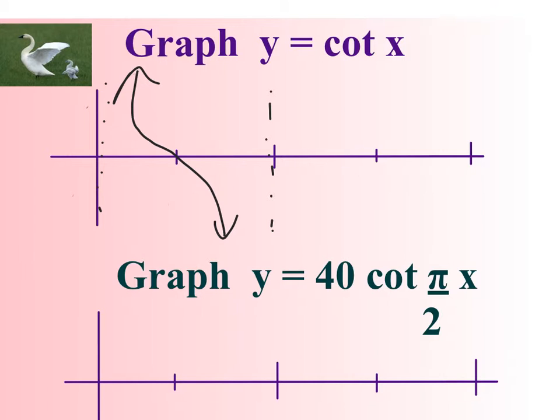Make sense? Even if it doesn't make sense, that's where it is. Okay? And this is pi, and that's 0, because you know where 0, 0 is. And the asymptotes are pi apart. Why was there an asymptote here? Because the original graph hit 0 right there, and cotangent is 1 over that.